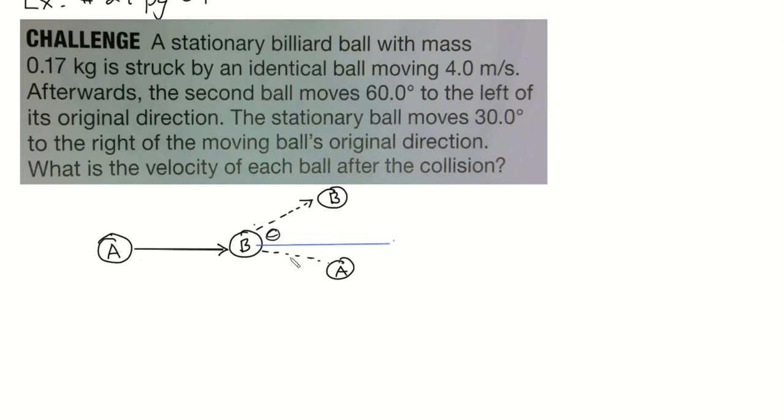Because I can't just call it theta because we have two of them. Theta sub B. Okay, so that is 60 degrees. And this one down here, much smaller, I'll call this theta sub A. And that's how many degrees? 30 degrees. Okay, just the picture is going to help a ton to make sense of this stuff.